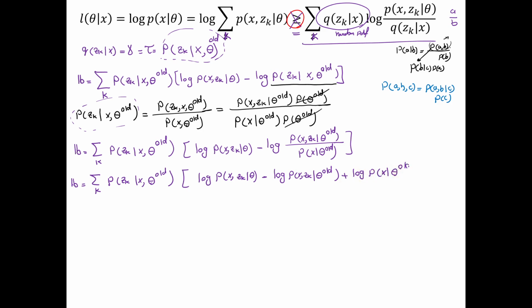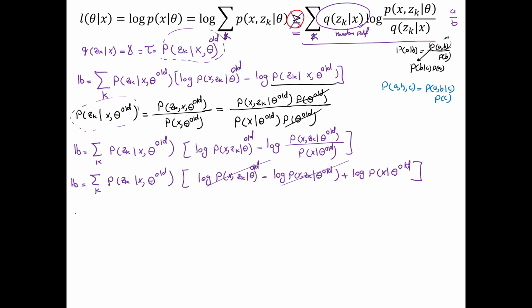Theta old. Good? Can I cancel out these two terms? Yes or no? They are the same, why not? Oh, sorry, this one should be old. I forgot to write it here. Now, can I do it? Yes, thank you. Good point. This one should be old.